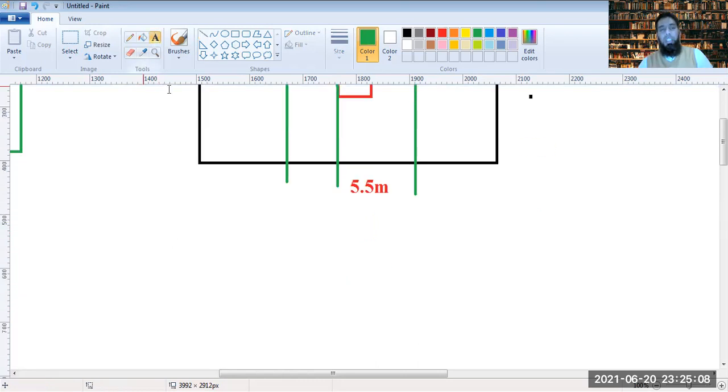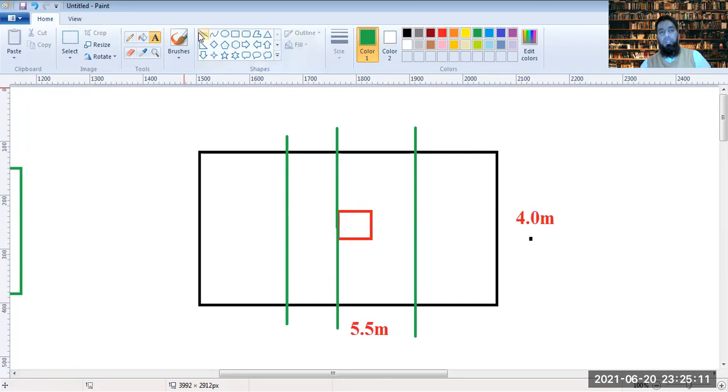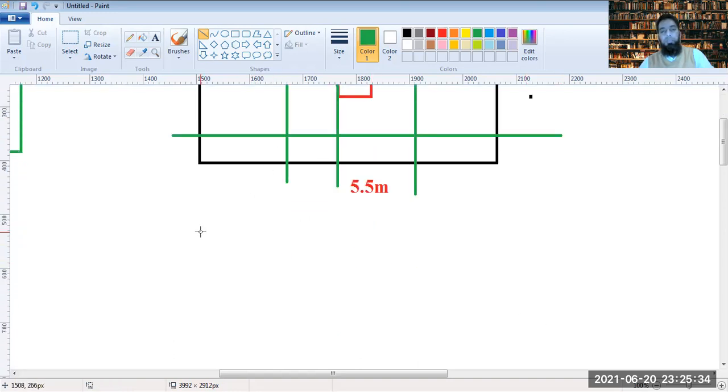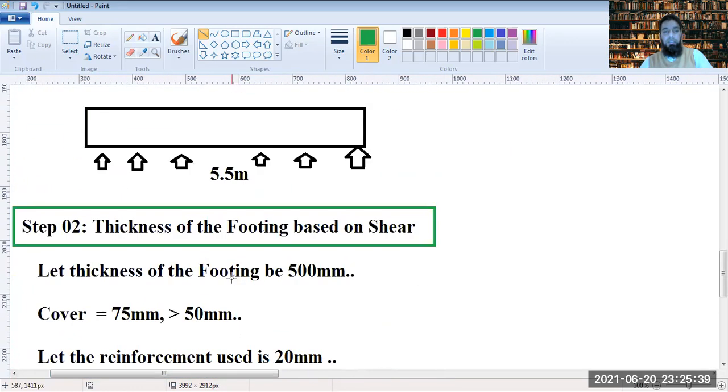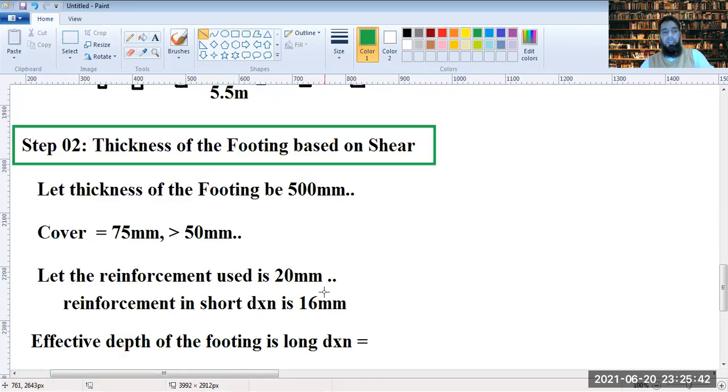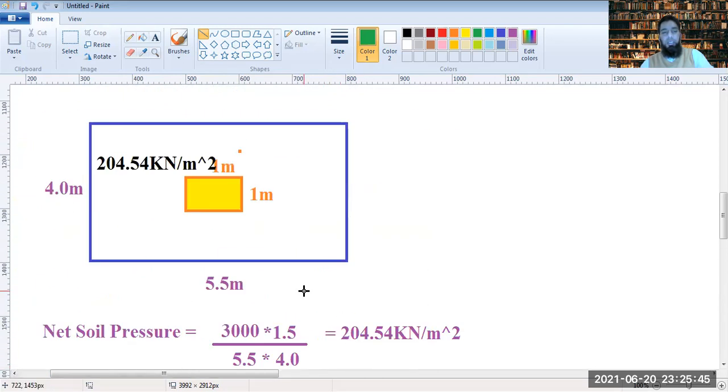So now, similarly in the shorter direction, it will again be at a distance of dy, but we would be calculating the one-way shear along the longer direction mostly, because that would mostly become critical here as dx is greater. Let's check this.